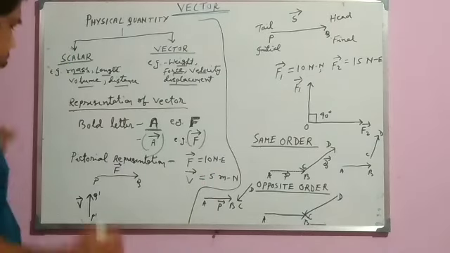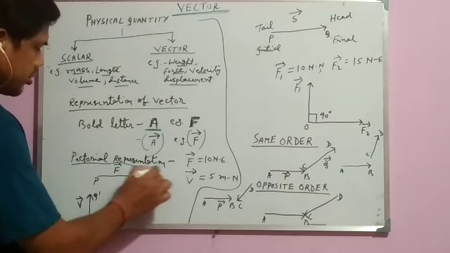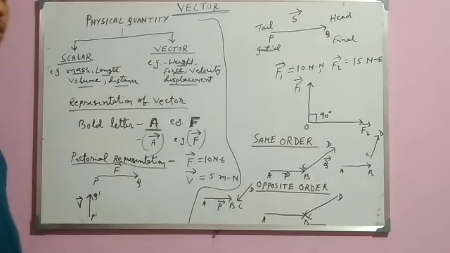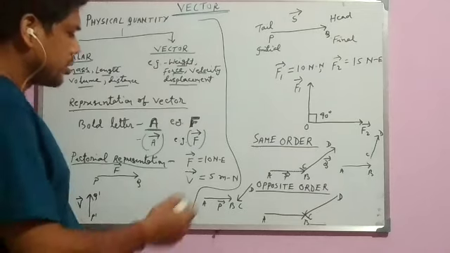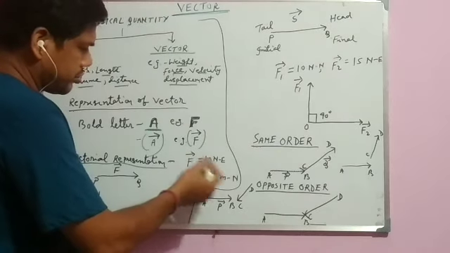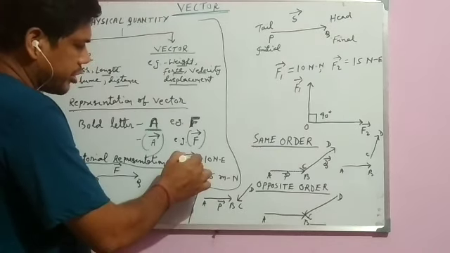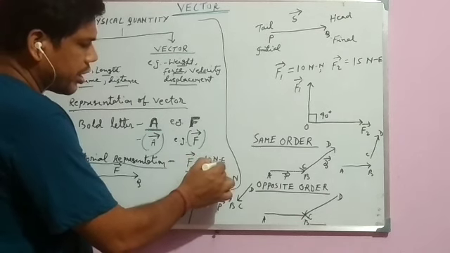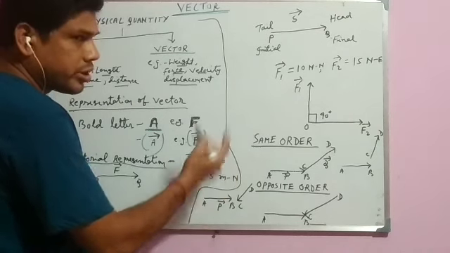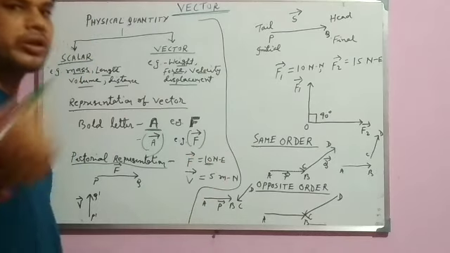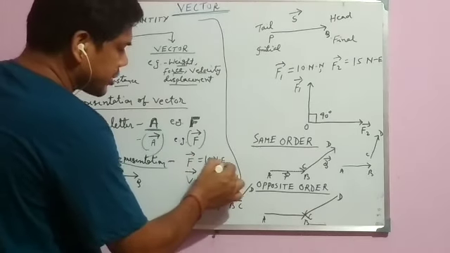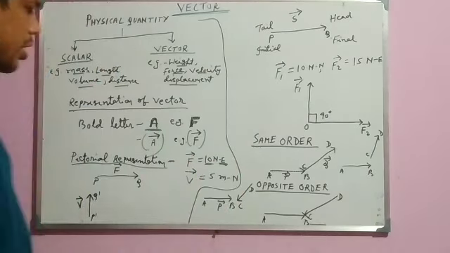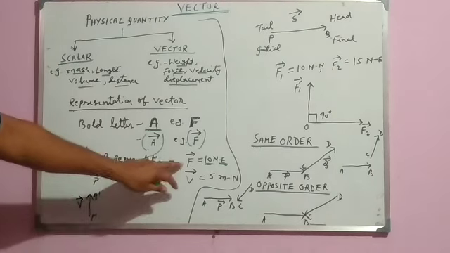Now pictorial representation. How pictorially we can represent? Suppose it is given that a vector quantity force, its magnitude is 10 Newton, unit is Newton in SI system, and its direction is eastward. So how we can represent this force pictorially?